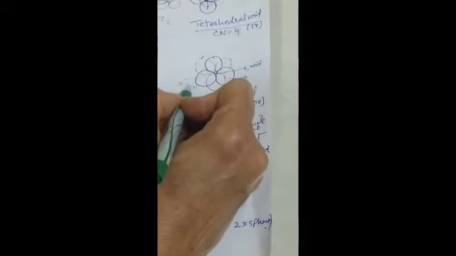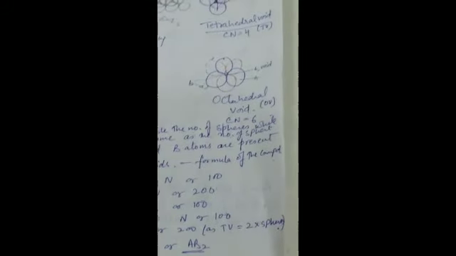I have tried and explained it here. 1, 2, 3, these are the atoms of A layer. These red are the atoms of the B layer, and this is the partially covered B void. So now we have two layers, layer A and layer B.